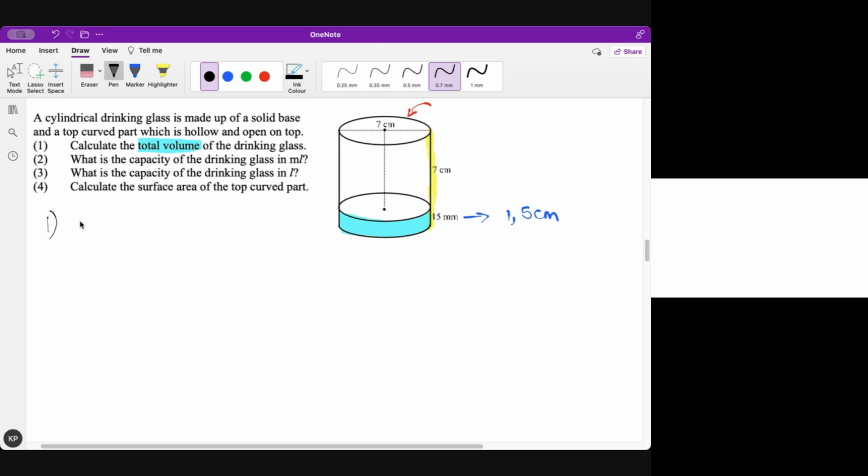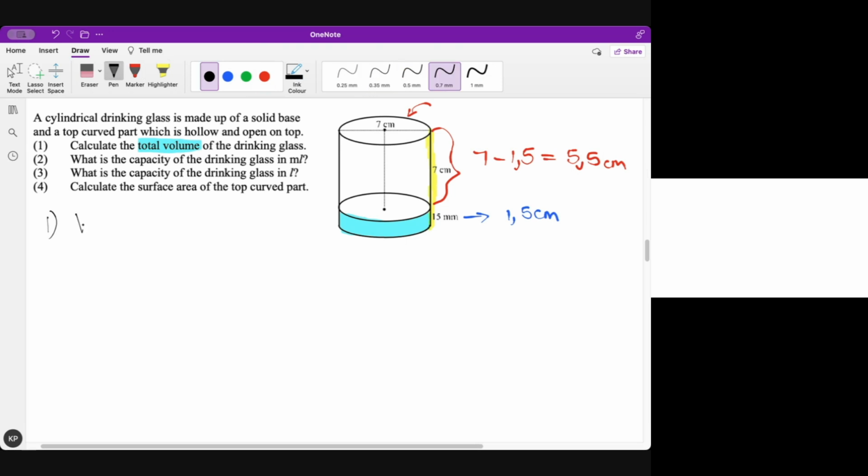So then the actual height here that we're going to use, which is from here to there, is going to be 7 minus the 1,5, and that gives me 5,5 centimeters. That's the only trick with the first question.